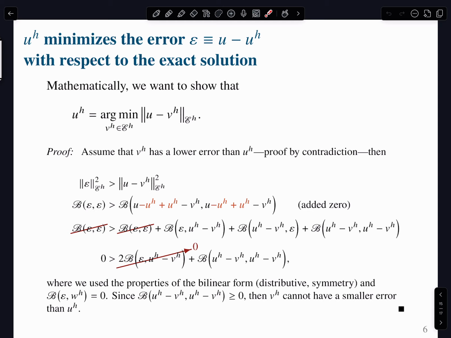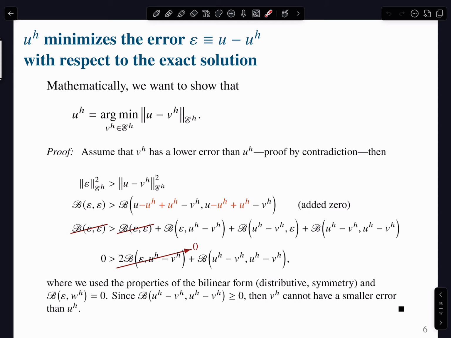So the fact that UH minimizes the error with respect to the exact solution mathematically means that from all functions VH in that subspace, UH is actually the one that minimizes, so that's why I said argmin of U minus VH, measured, of course, in the energy norm. Okay, so there is this proof. There is really no need to go in detail through it, but we do a proof by contradiction. So let's assume that there is some function VH that has a lower error, right?